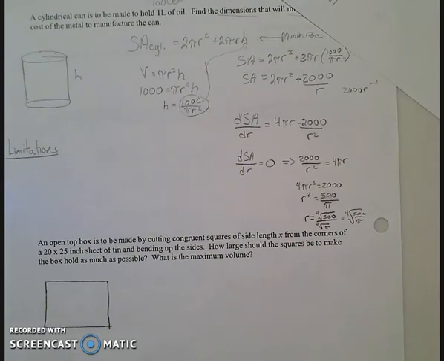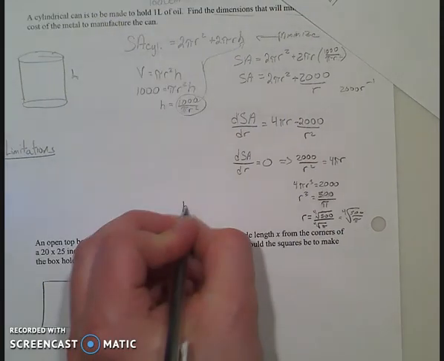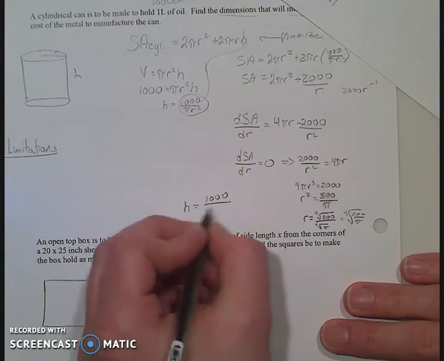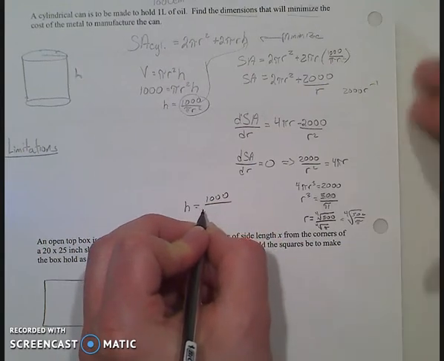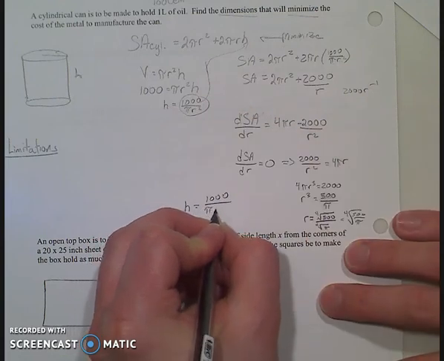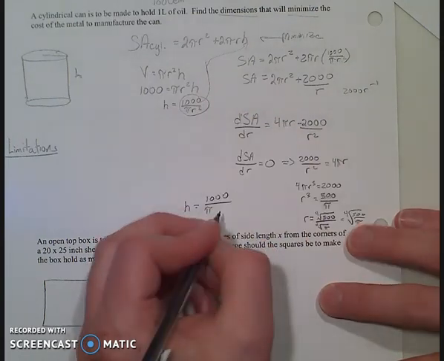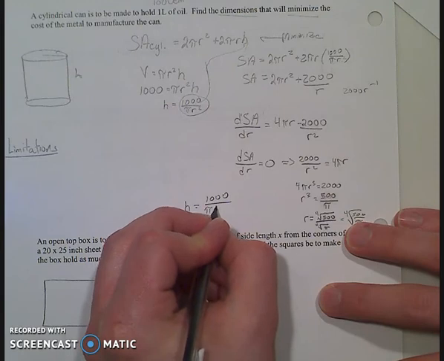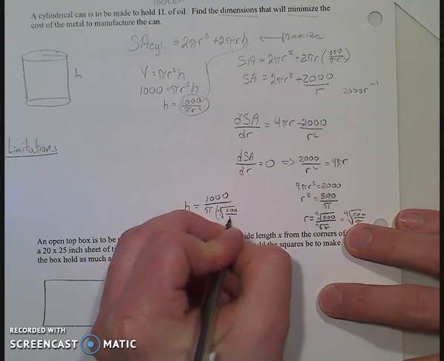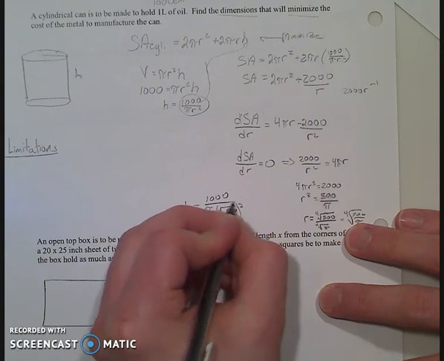Now, because it does ask for the dimensions, r does equal that, h then equals 1,000 over, if we look back up here at what h is, pi times r, which is the 4th root of 500 over pi, all squared.